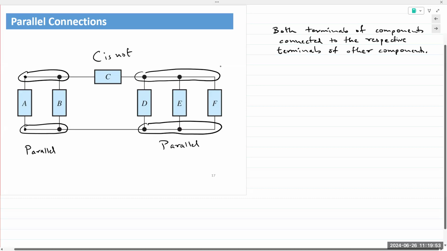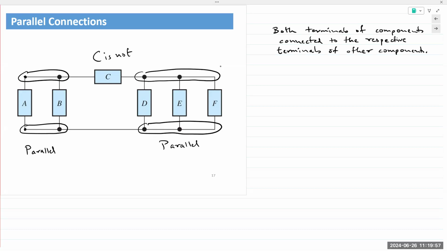C is only connected at the top to A and B, but the other end of C is not connected to them. C is connected at the top to D, E, and B, but it's not connected to the bottom of D, E, and B. And hence, C is neither in parallel nor in series with the other components.